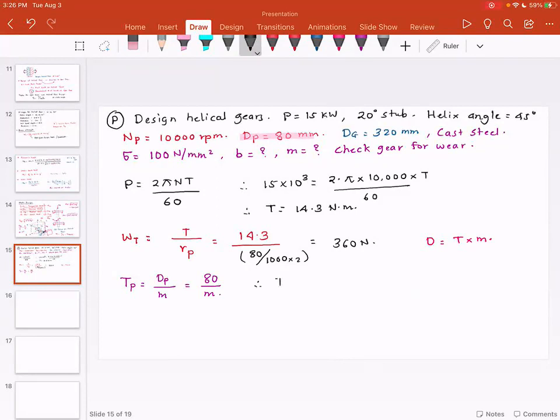Next, I need to find TE, the equivalent number of teeth. Equivalent number of teeth is TP divided by cosine cube alpha.